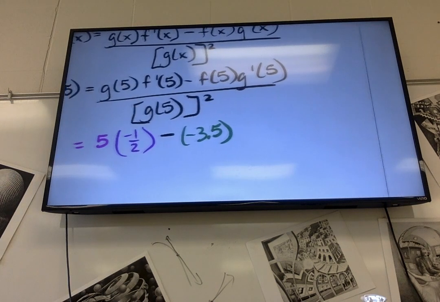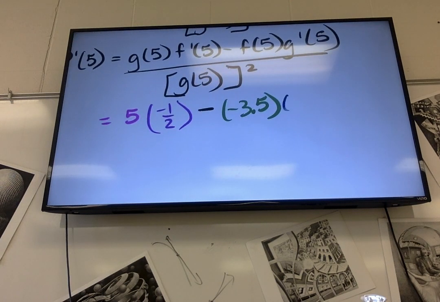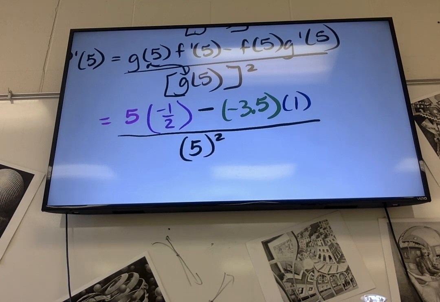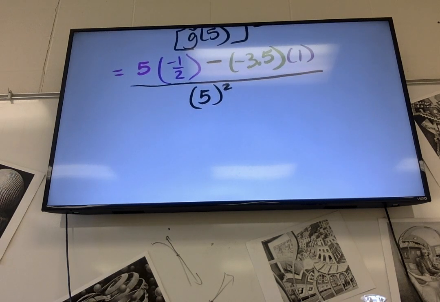Just 1, all over g of 5, which we already found. It was 5. G prime of 5 was 1, squared. Now we just do math. It's just kind of boring.